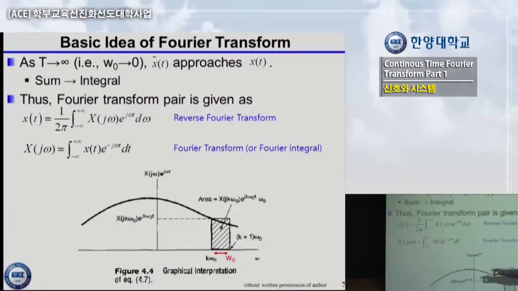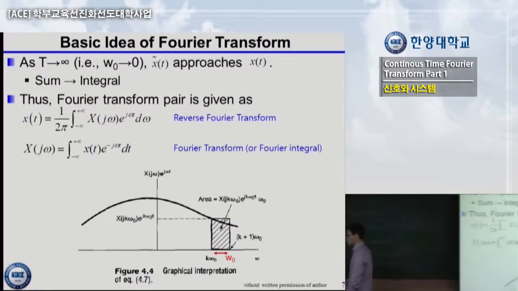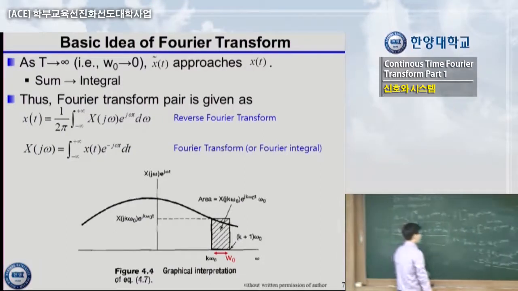So we figure out that the one before the last one is the same as finding the block area and adding them together. And then when we make omega 0 infinitely small, the summation changes to integration. And this omega 0 will change to d omega.